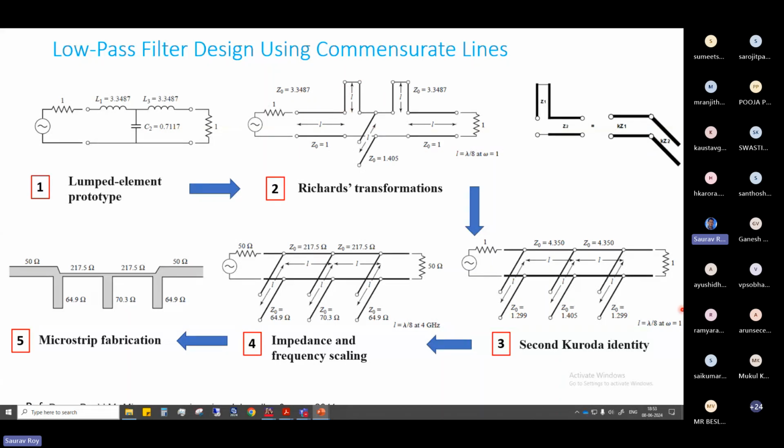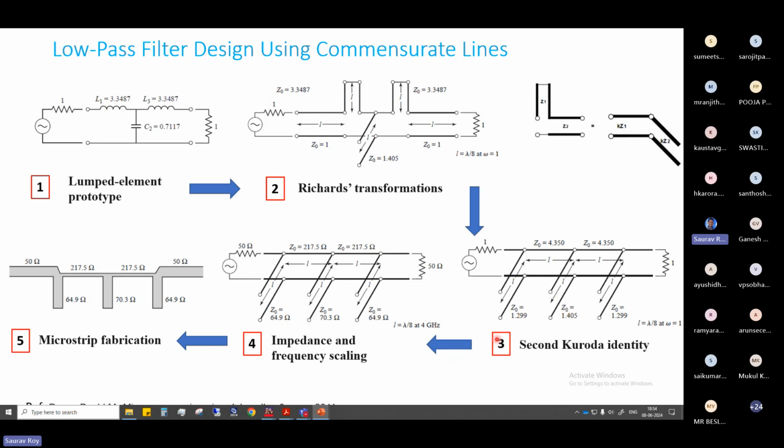Now we have replaced this whole thing, this line length as well as the shunt. Here you see we have added an open circuit stub along with a defined line length, a line with a defined characteristic impedance that comes from KZ1, KZ2. So this line connected with this shunt stub is replaced by an open stub connected with the line.